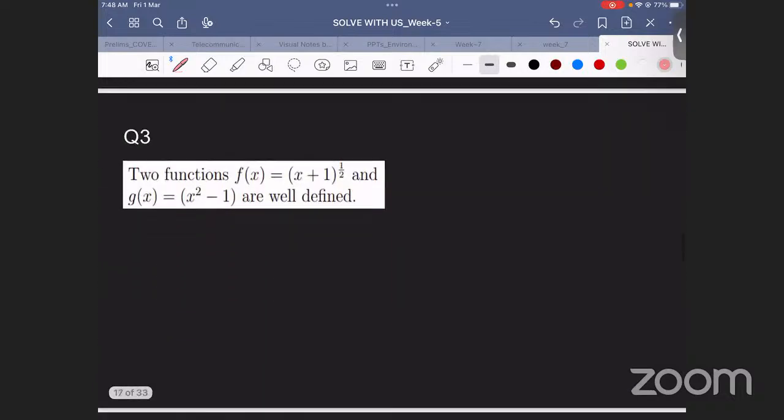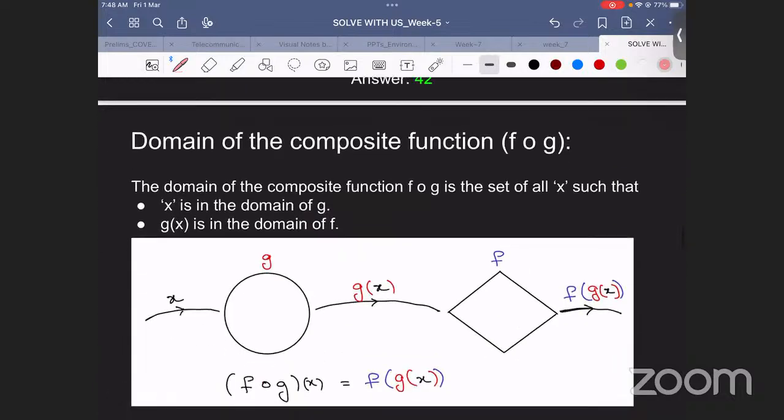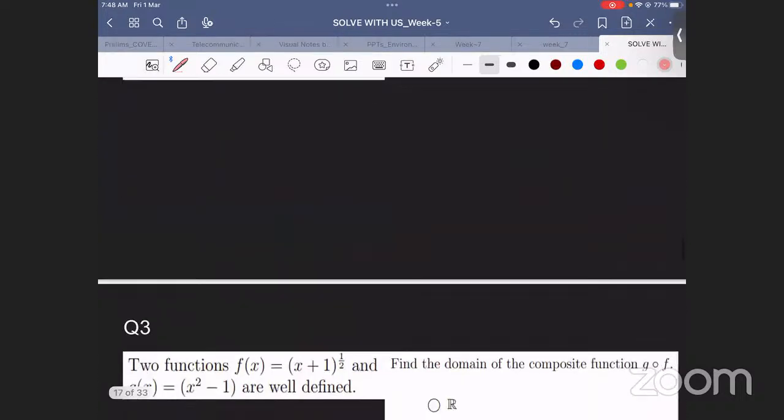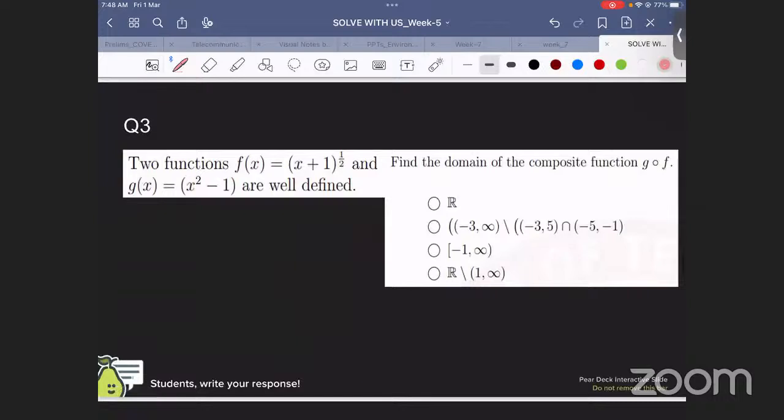Okay, so the third problem is related to the domain of the composite function g of f, and this is your third question. You can try it out. Take your time, this type of problem takes time to understand also. I'll just give you 10 minutes. Try to solve this.